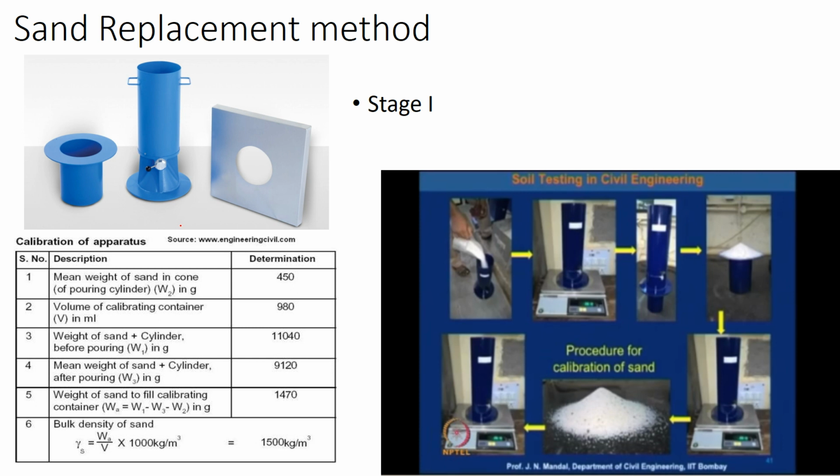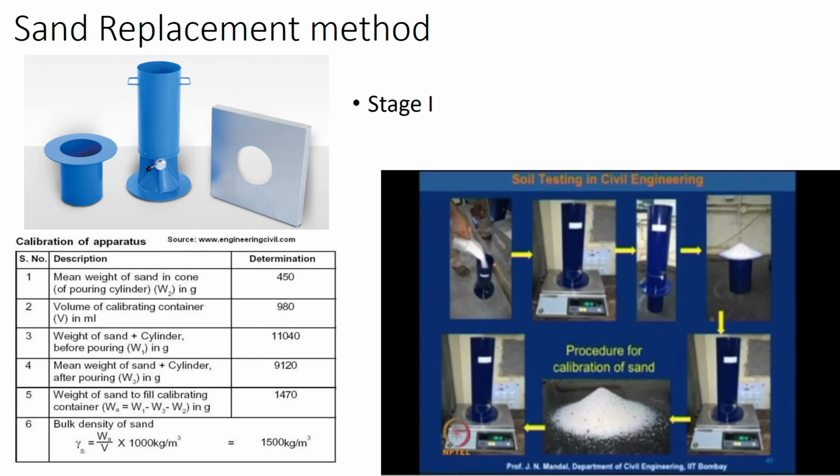So what we are going to do first is, you fill the sand in the sand pouring cylinder up to a certain height, like more than 3/4. It's up to us only.